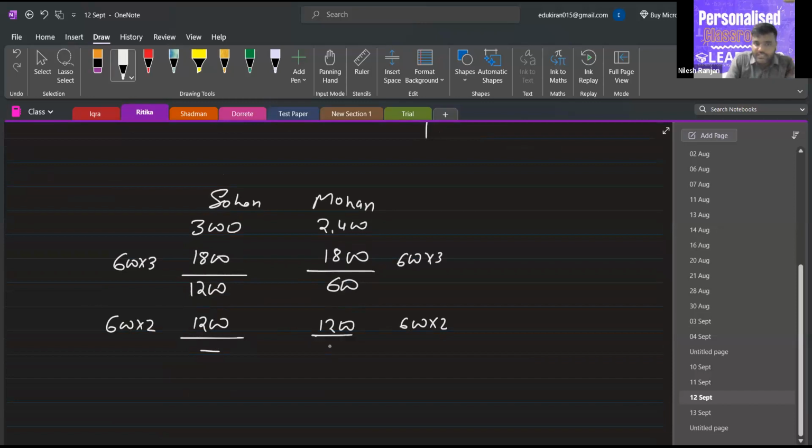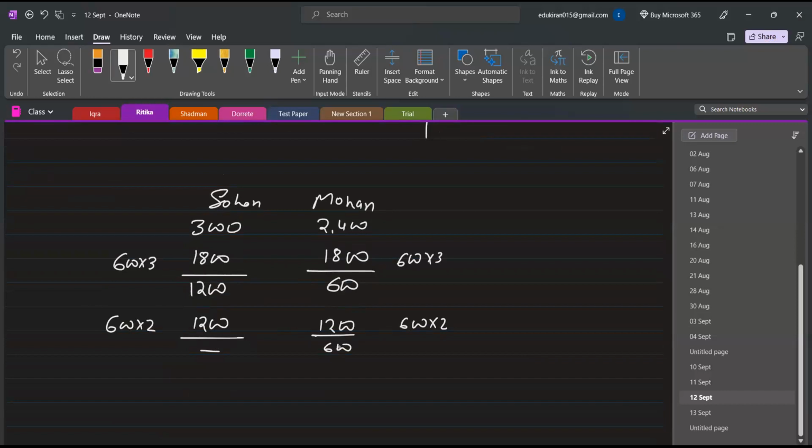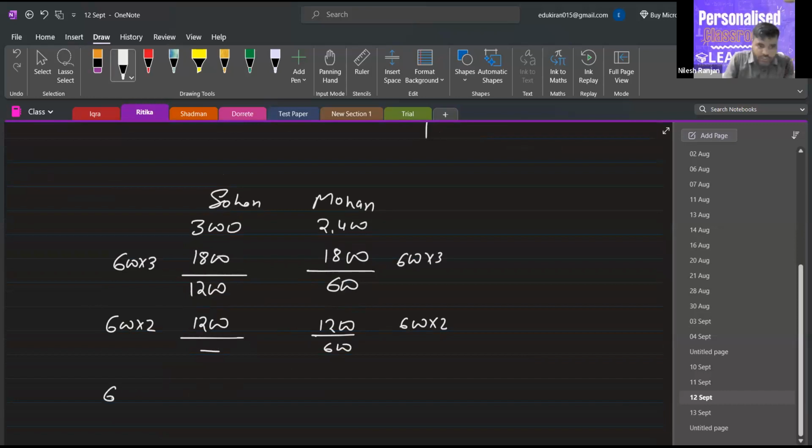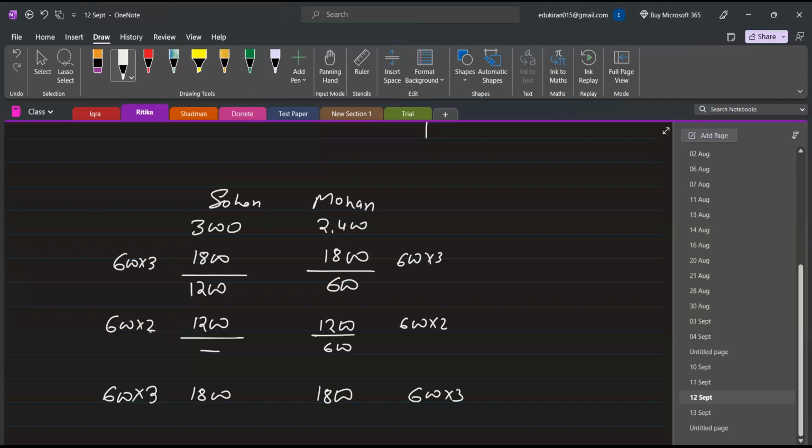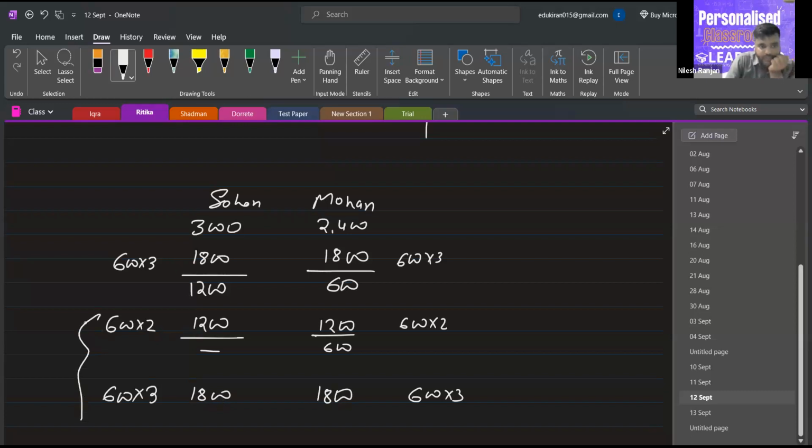But in Mohan's case, 600 of premium amount is not received. And also the allotment money, 600 into 3, 1800 for both, is not received. So in allotment, there are two amounts, premium and allotment money.